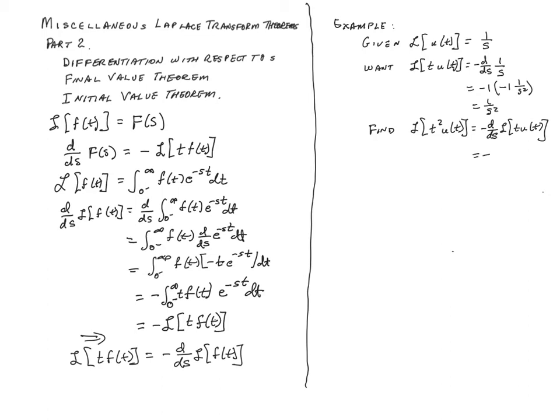This is equal to minus d by ds of 1 by s squared. Again, this is minus, and this gives us 2 over s cubed. Okay, so anyway, you can see the applications of this are pretty nice.